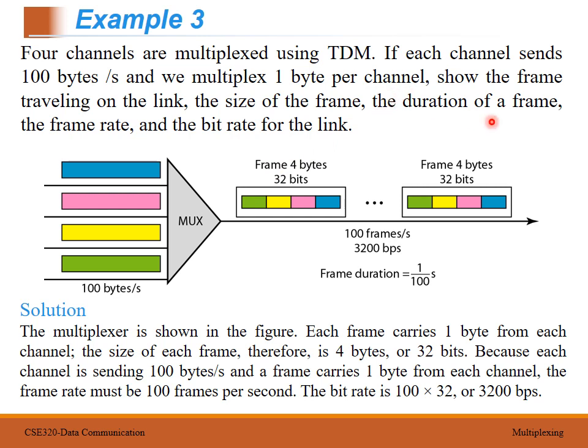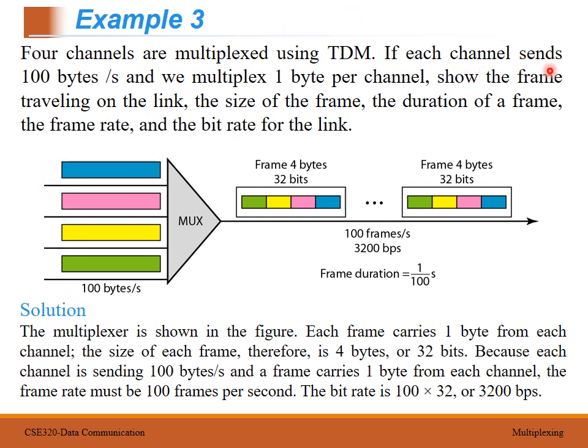Then we have to find the duration of the frame. Before finding the duration of the frame, we find the frame rate. If we find the frame rate and then invert it, we will find the duration of the frame. So we know that the frame rate is equal to the input bit rate.